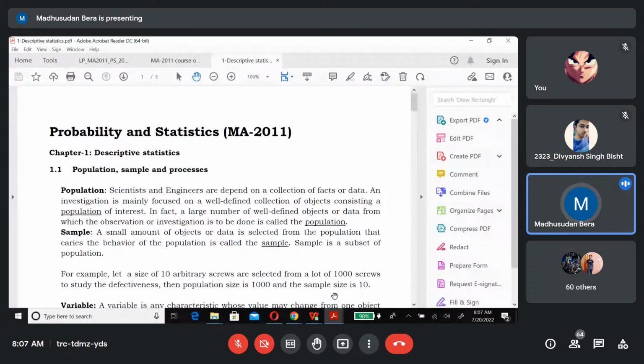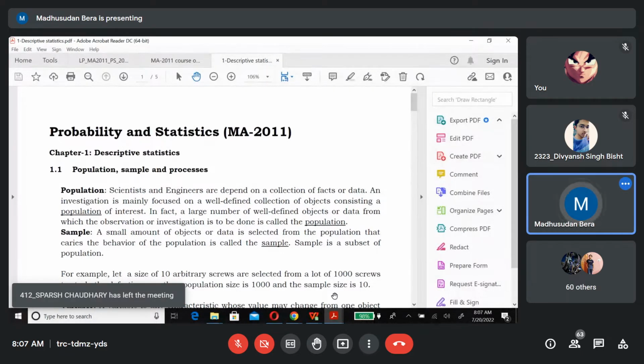Arbitrarily, we will take, suppose, 100 students from each department: civil, mechanical, electrical, computer science. We will take the average height of those students. Practically, taking the height of individual 20,000 students is a difficult job.